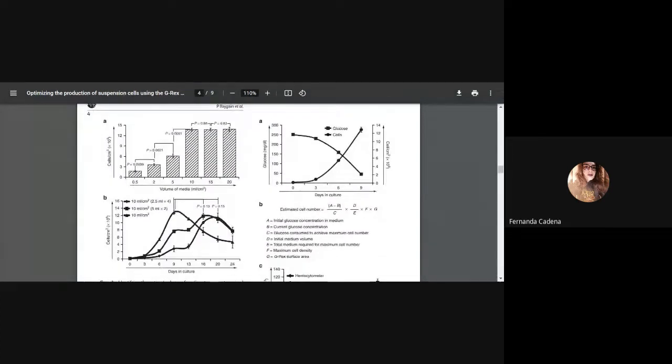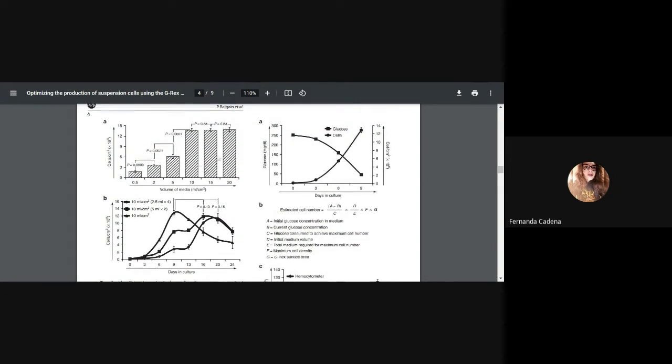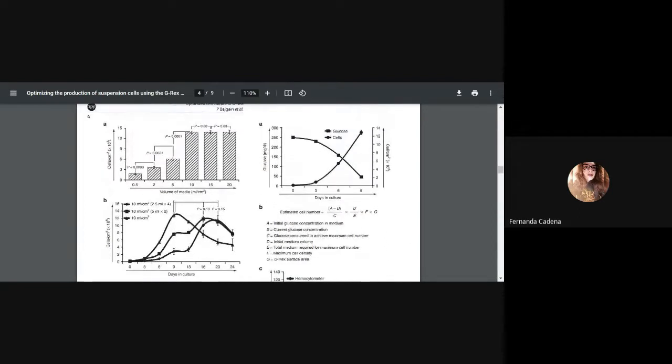And here we can see that, for example, in B, the expansion of cultures that receive a total of 10 milliliters of medium always reach the same result, we can put 15 or 20 and the results will be the same. So the more adequate volume will be 10 milliliters per square centimeter.